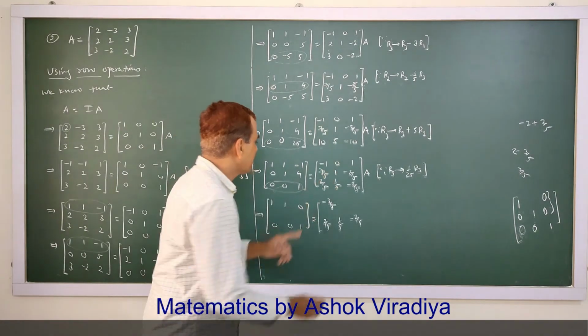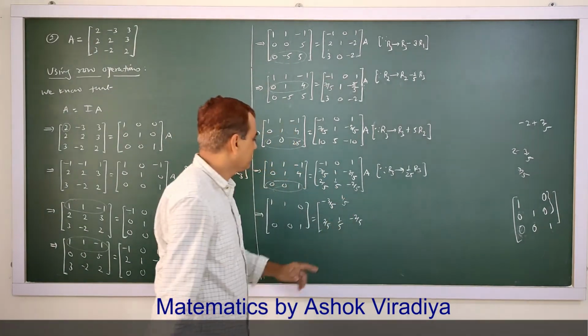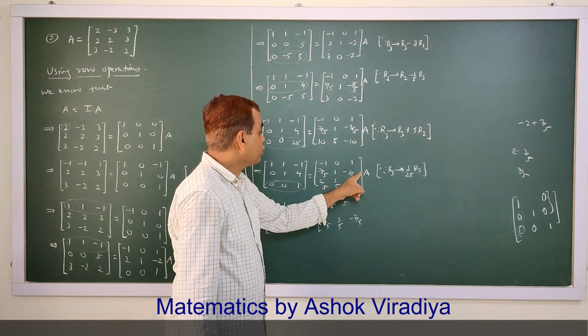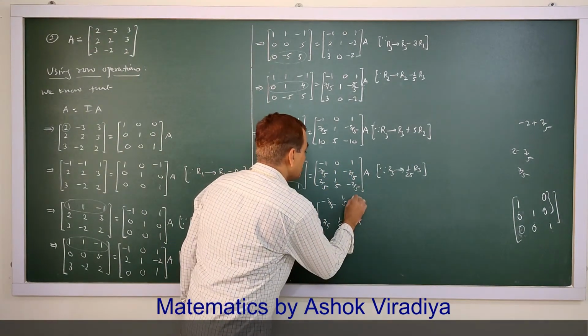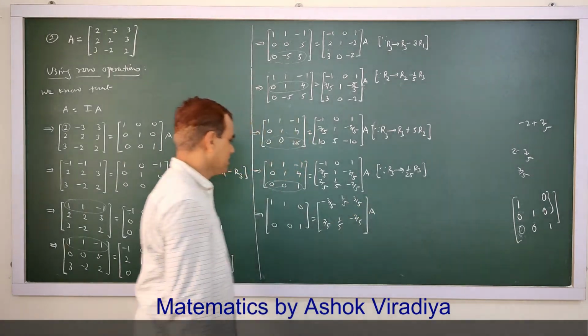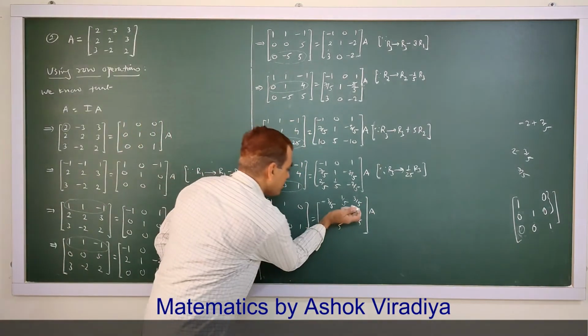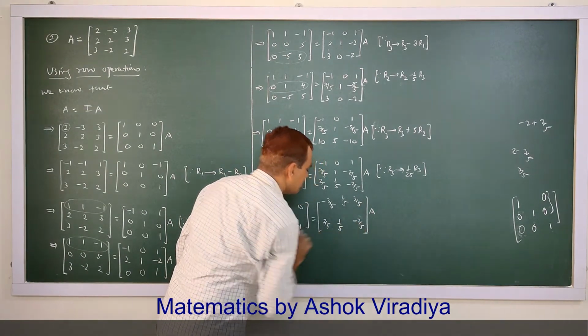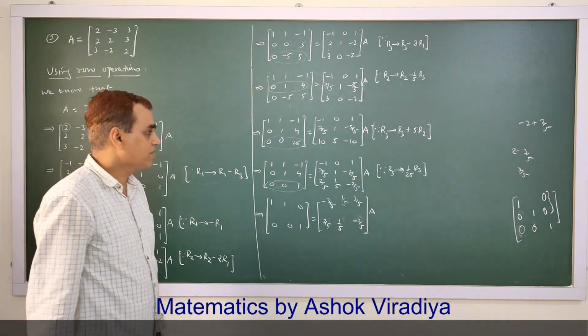Then adding here, this will be 1 by 5. Adding here, 1 minus 2 by 5, so 5 minus 2, 3 by 5, into 8. 2 by 5, 1 by 5, minus 2 by 5. So this 0 is okay.